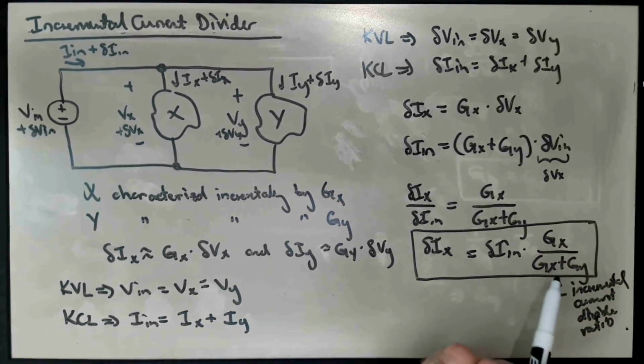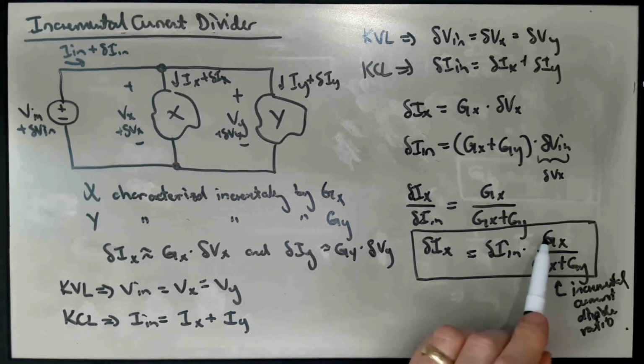And of course we can express this in all the same ways as we did the regular linear current divider. So we can express this in terms of Rx parallel Ry divided by Rx. We can also express it in terms of the incremental resistance of the opposite branch, Ry divided by the sum of the two branch incremental resistances, Rx plus Ry.